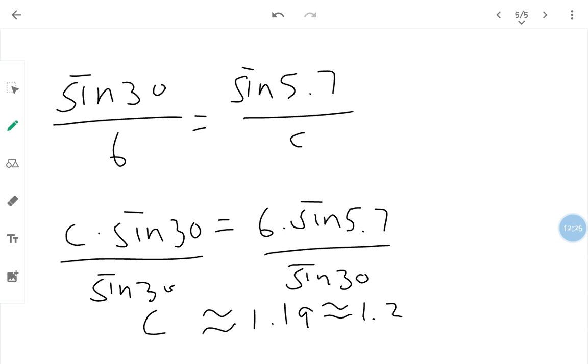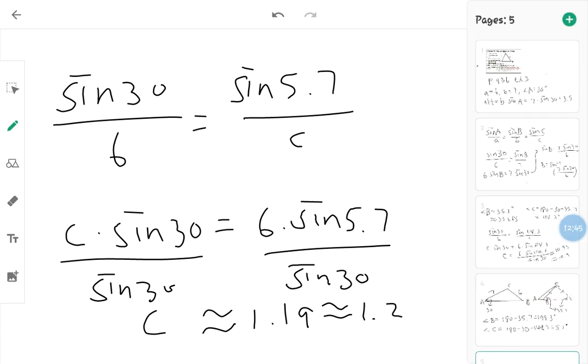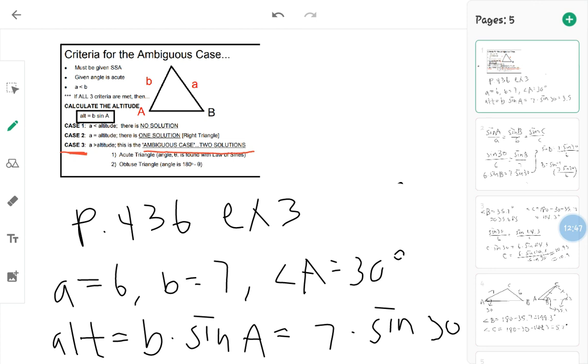Alright, so I can get my second triangle, which is my A equals 6, B equals 7, but I can get my new C. Okay, so you need to give me two answers, which is the acute one and the obtuse one. So let's just go back and review. In my first situation, we have to find out whether the situation is going to be an ambiguous case or just form one triangle.